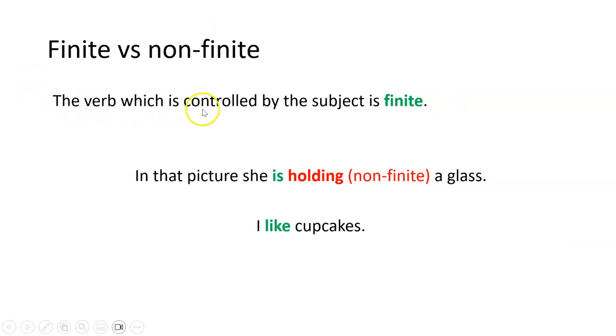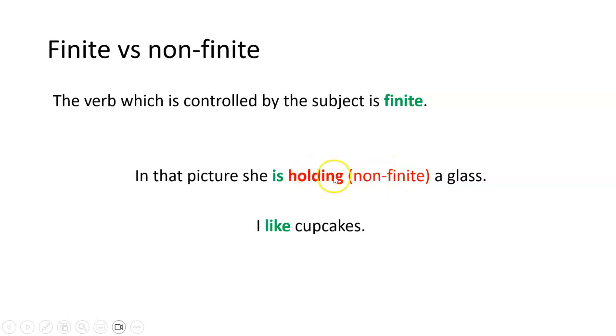Okay, the verb which is controlled by the subject is finite, like here. She is. We don't say she are, right? She is. Is the first verb. It's controlled by the subject, like you would say they are. This one changes. So this one is finite.